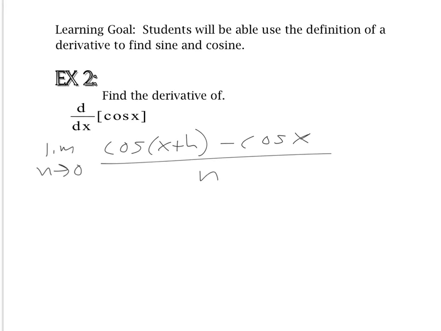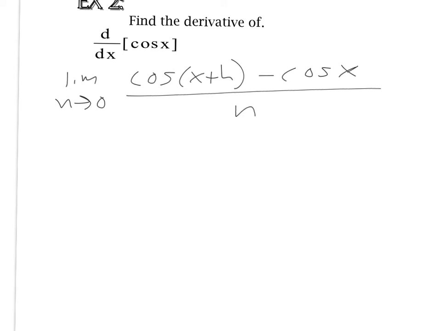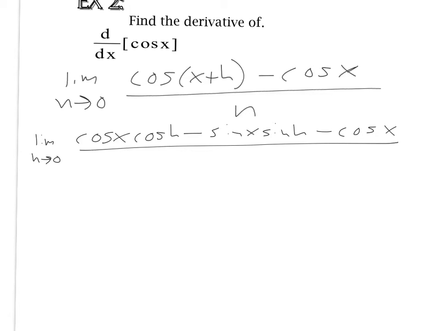Okay, let's use the expansion rule for cosine of x plus h, and so we get the limit as h approaches 0 of cosine x cosine h minus sine x sine h minus cosine x all over h. Again, I want to reorganize this as two fractions, and I can separate it out as two limits as well.